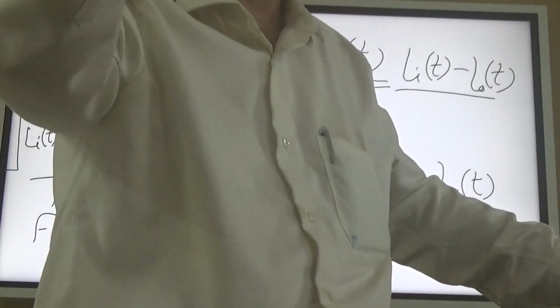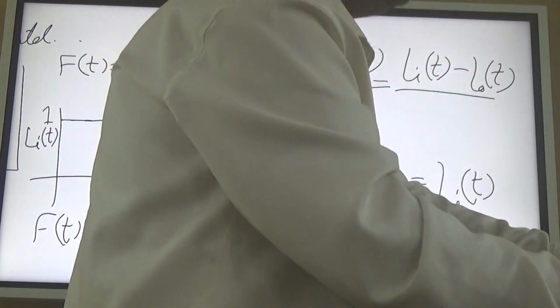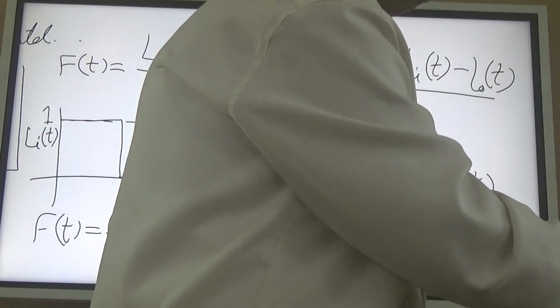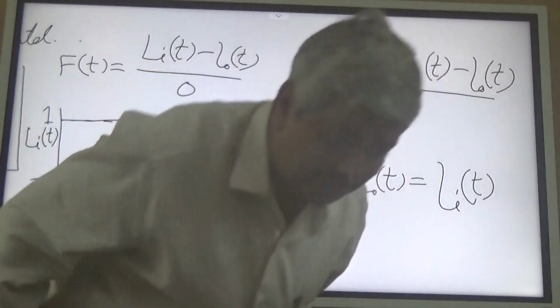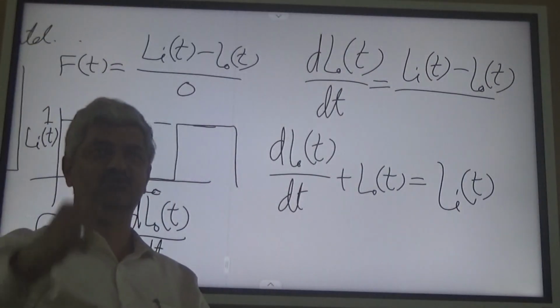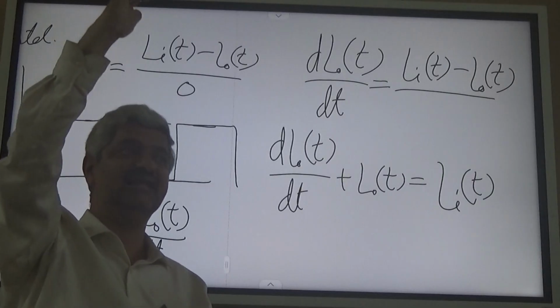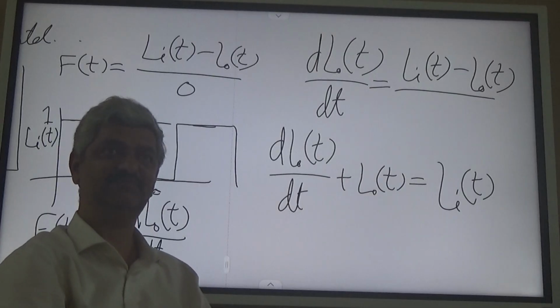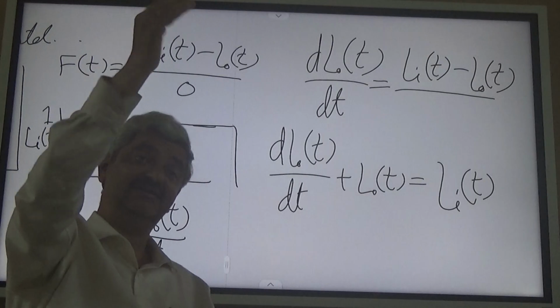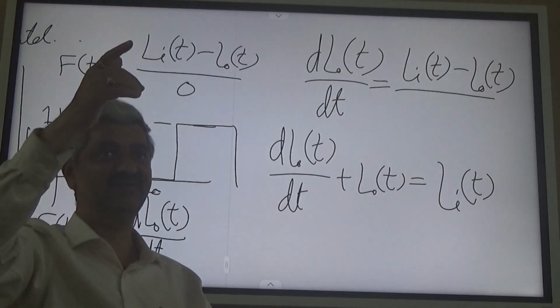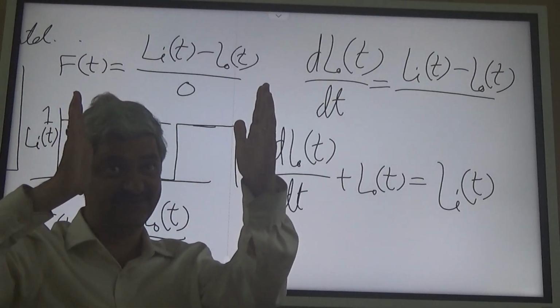It can be triangular. Triangular means from plus 1 to minus 1, it comes down steadily at a fixed speed, and again goes up steadily. It can be with the same slope or a different slope. The triangle can be symmetric or asymmetric.